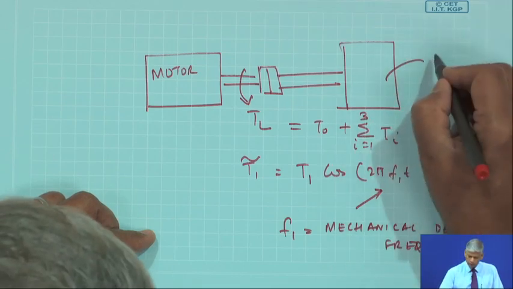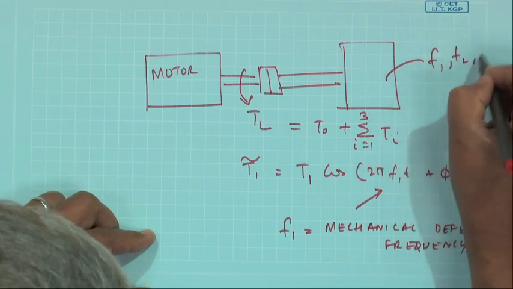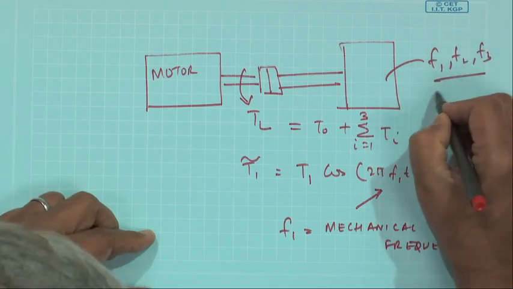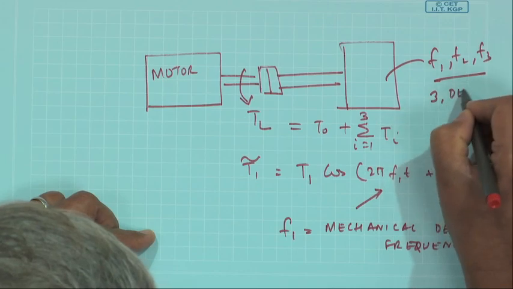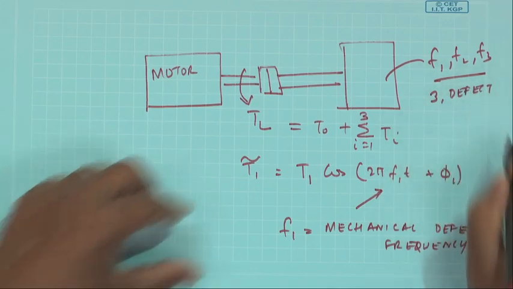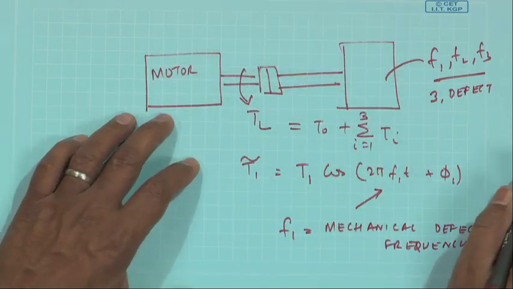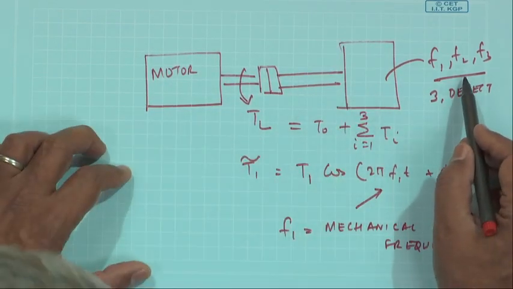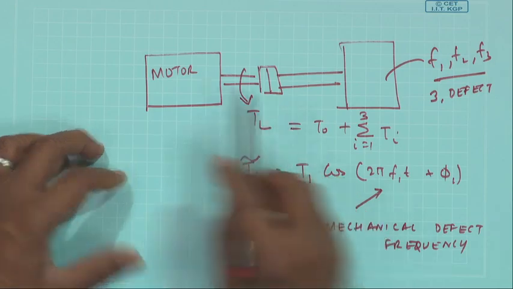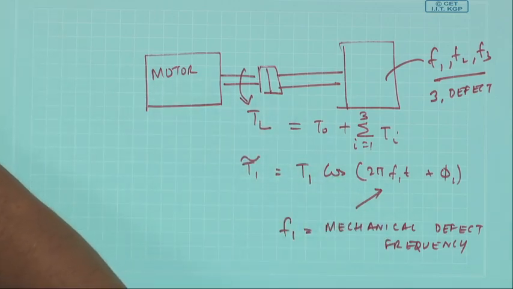So, in this diagram, say f1, f2, f3 are the 3 defect frequencies, which could be because of a gear, which could be because of a bearing, etc., etc. So, in a sense, these defects are going to give a load torque on the motor.